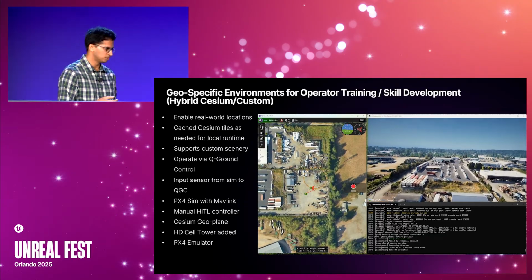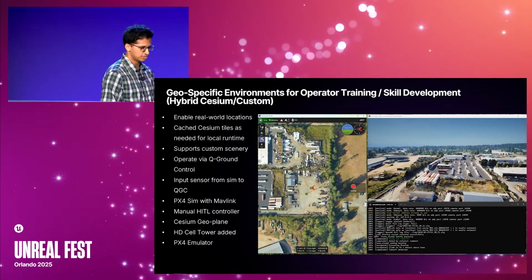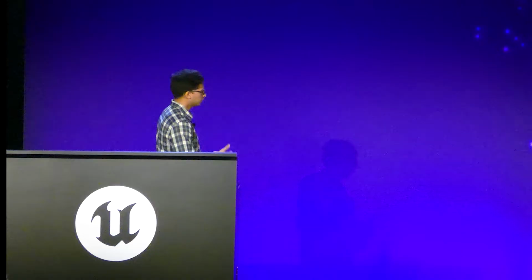You can ingest OBJs and GLTFs and maybe USDs very, very quickly. So you've got a base level of scenery from Google, but then you have your assets located at very specific locations. You can still access all the robots, all the sensors, and do mission planning.